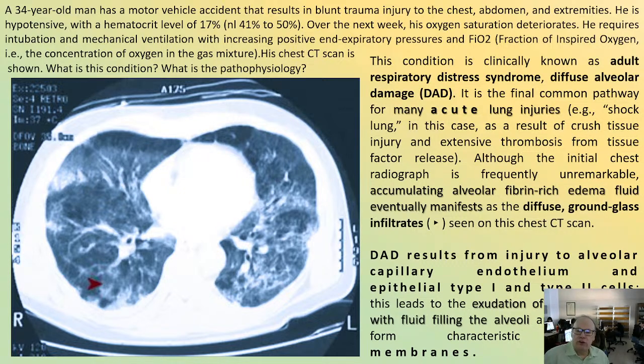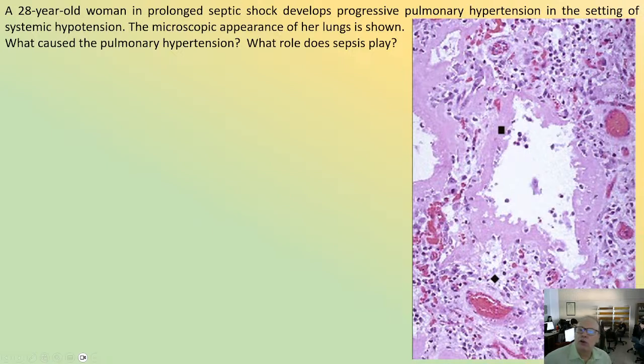This destruction leads to exudation of plasma proteins, and fluid fills the alveoli, which coalesce. And what do we see on histology? Instead of the normal lining of alveoli, we see these hyaline membranes. The syndrome has a diverse pathogenesis.